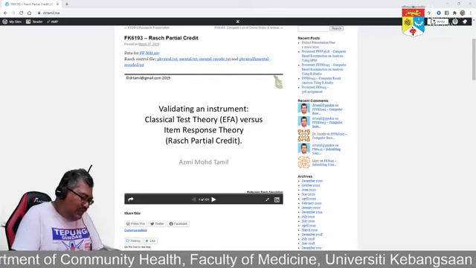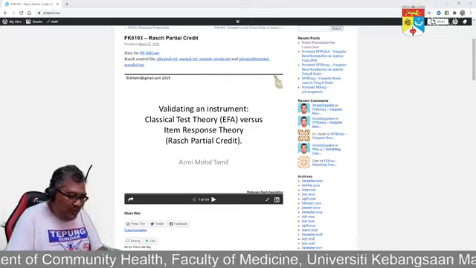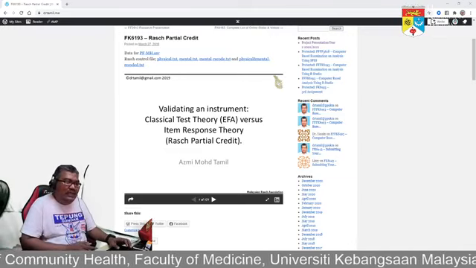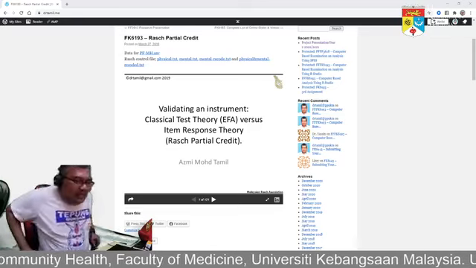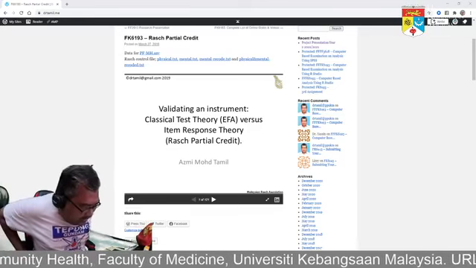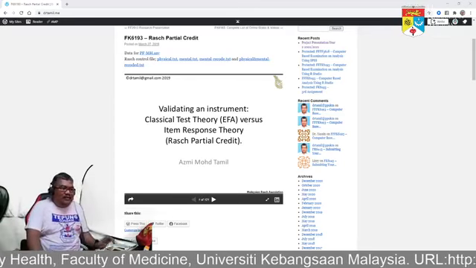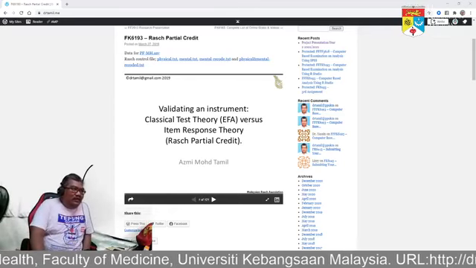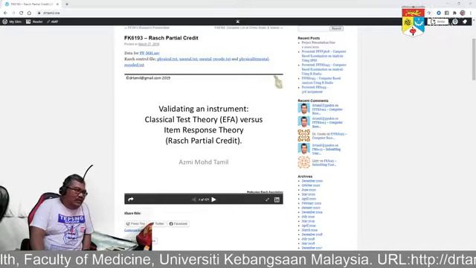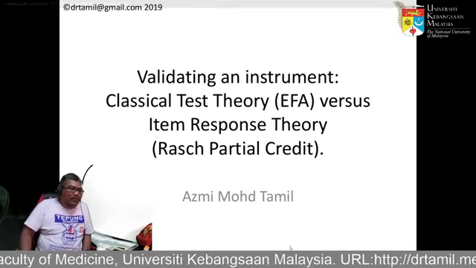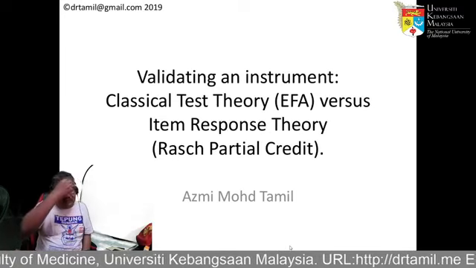Strongly disagree, disagree, not sure, agree, strongly agree. So that is ordinal data, Likert scale. Okay. So that is what we call polytomous data, polytomous response. So today we're going to cover such questions, such scales. So hopefully you all can follow.